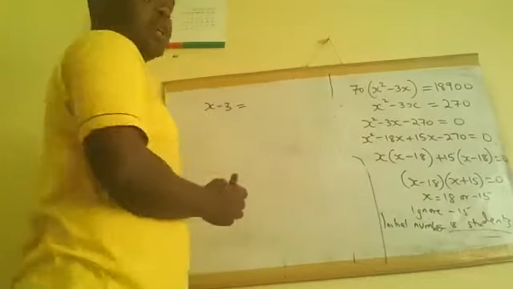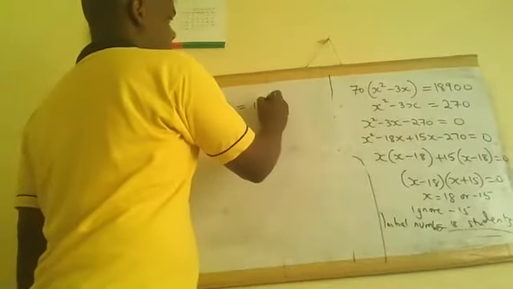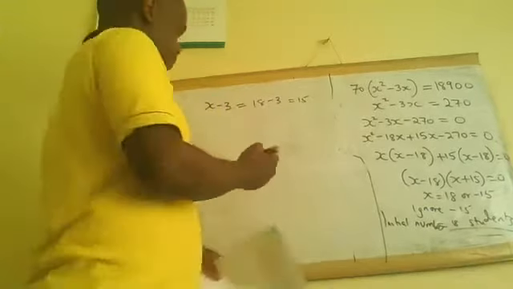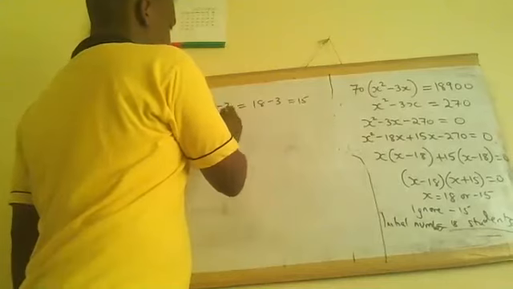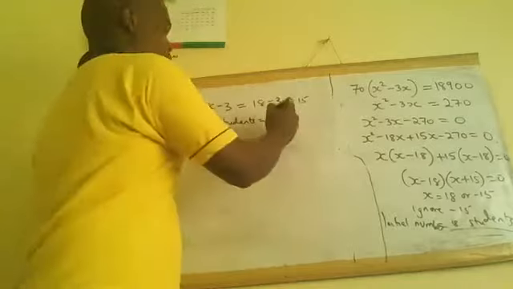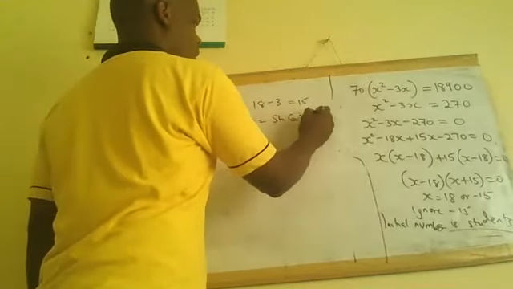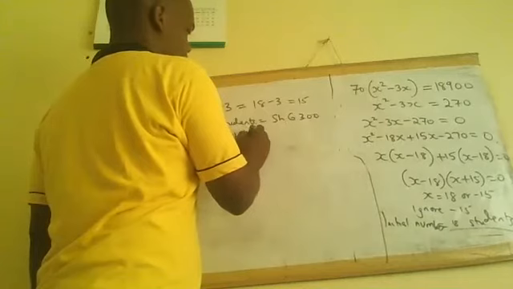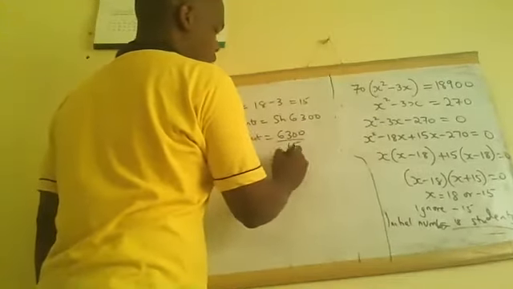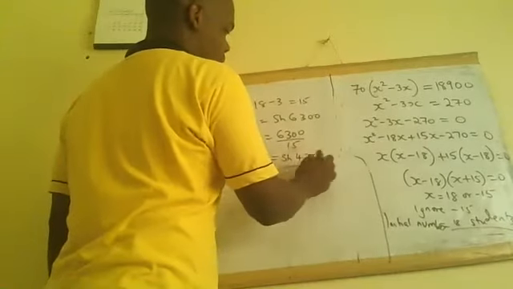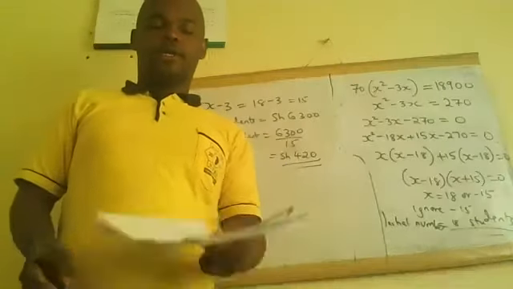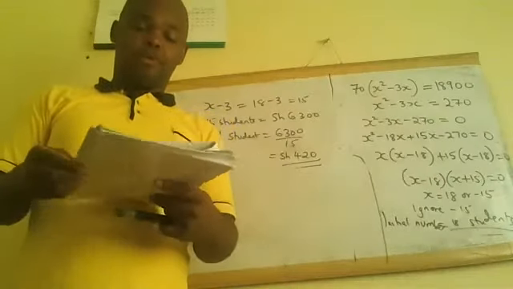What is x minus 3? x minus 3 is 18 minus 3, which is 15. So it means that the 15 students are supposed to pay 6,300. What about one student? That will be 6,300 over 15, and you'll get 420. So that is the first example.